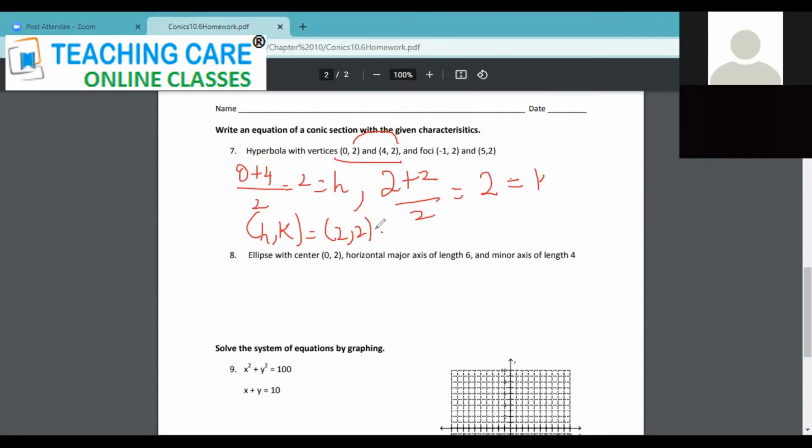Now they have given us that the foci are negative 1 comma 2 and 5 comma 2. Now we have to frame this one.